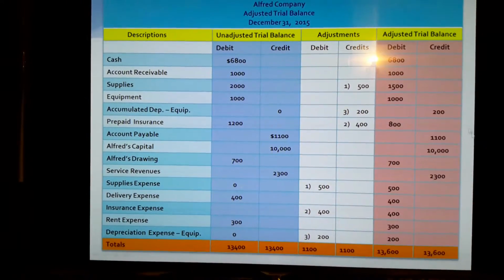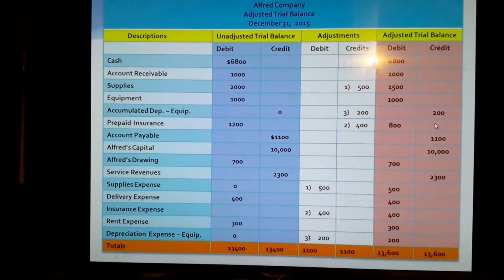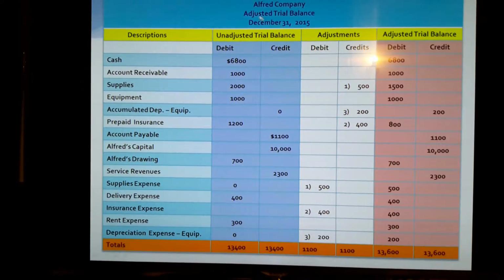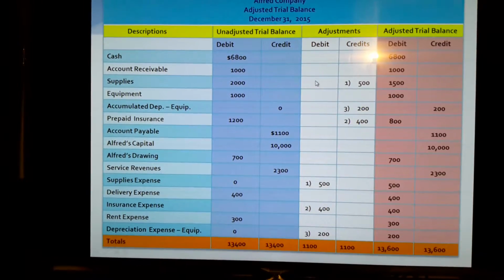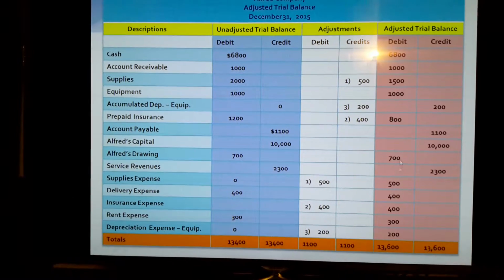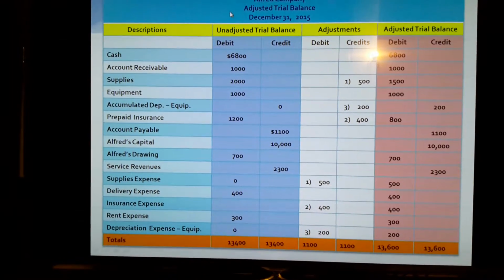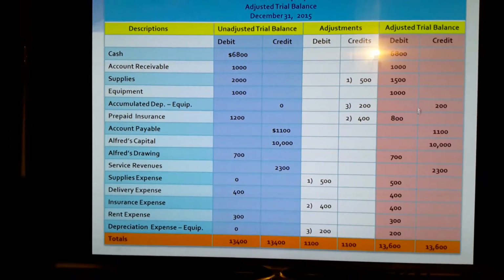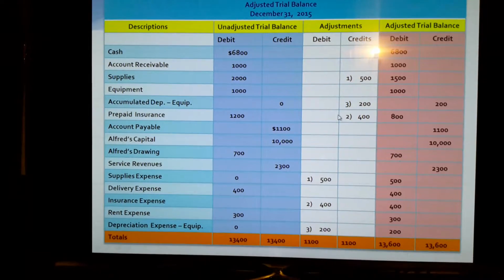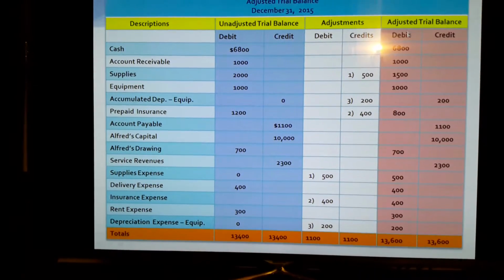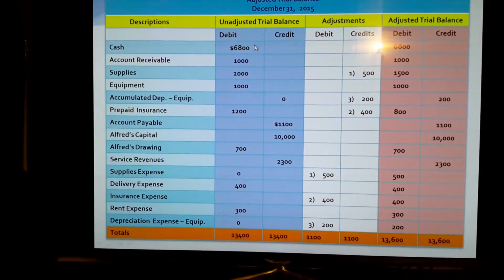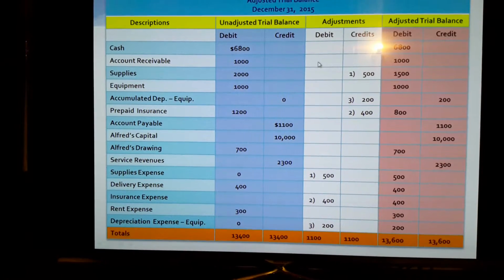Okay, this is just step 7, the adjusted trial balance. Here I have just included these two for you to understand how I came up to this figure, but the essence of preparing this is actually for this. But these are the adjustments at the end of the year for you to see how this plays out. So it came up to this. So look at this. Cash is still the same.